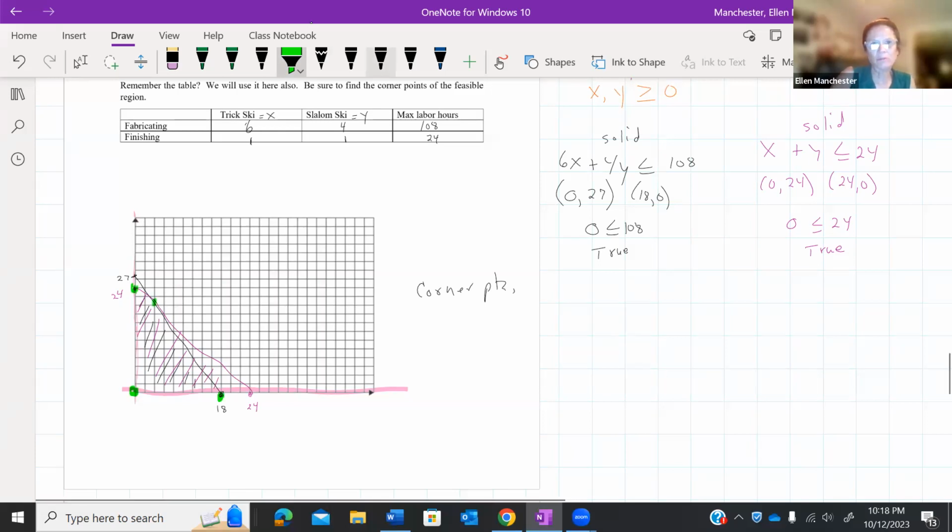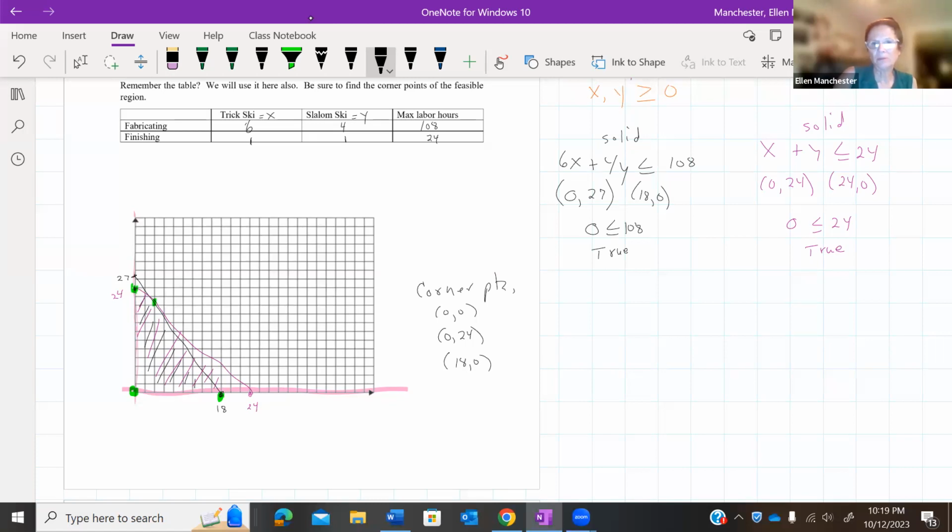Those are your 4 corner points. So 3 of them are easy. We have our 0, 0. We have the purple y-intercept, which is 0, 24. I'm sorry, the pink. We have the black x-intercept, which was 18, 0. And then the last one is where the 2 lines cross.